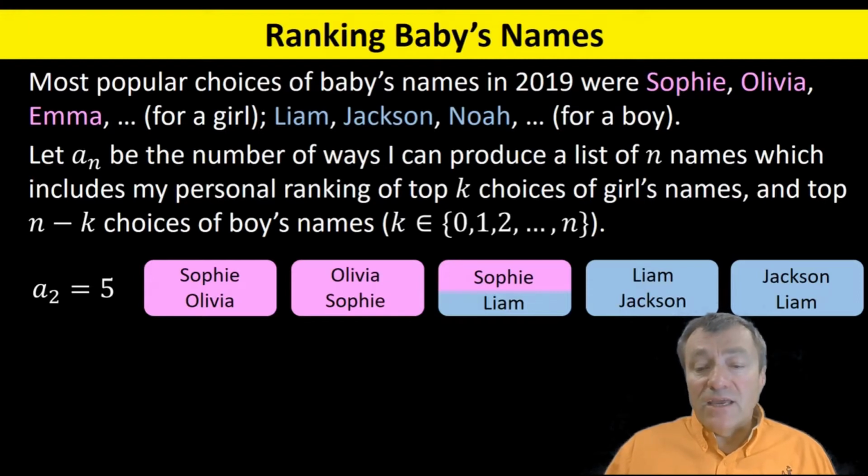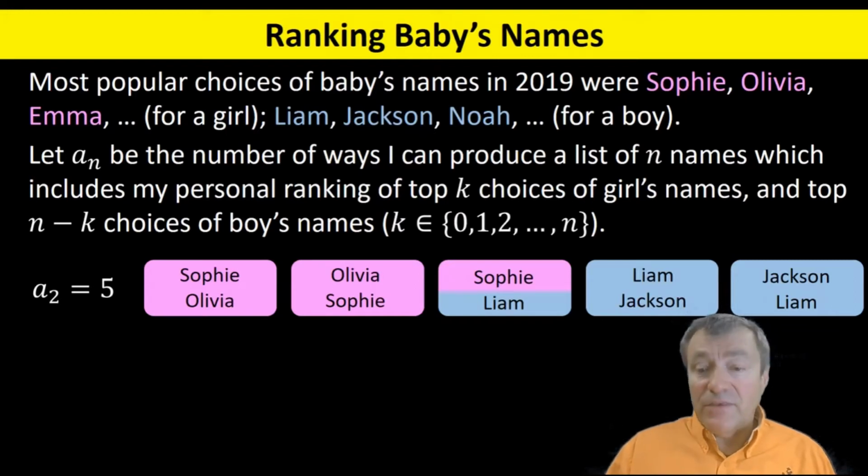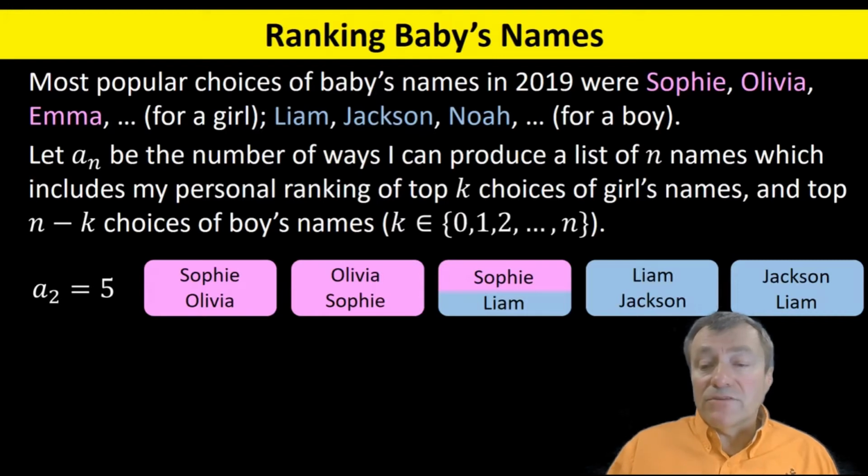And my list can include any number of girls' names and boys' names as long as they add up to n. And by the way, I don't need to rank girls against boys. I just have a list that separately ranks the girls' names and the boys' names, just not ranking boys against girls. So how many ways can I come up with such a ranked list?